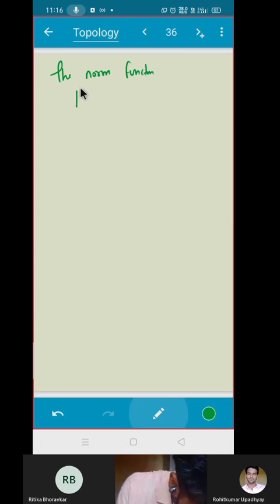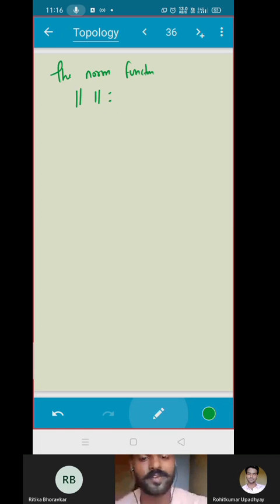The norm function. What is the norm function? Can you define from where to where? How many vectors are required to talk about norm?